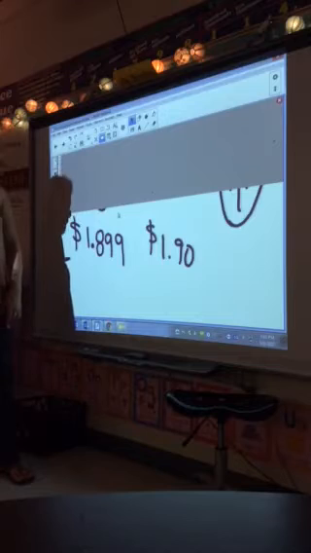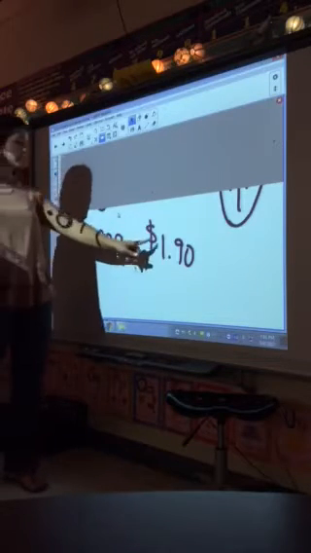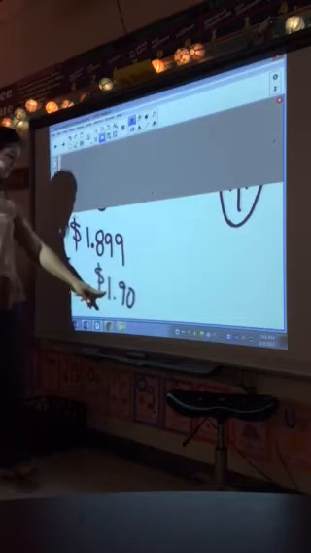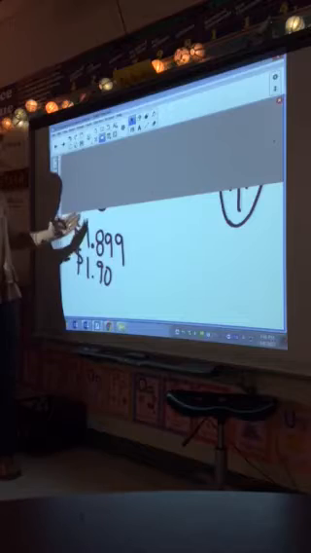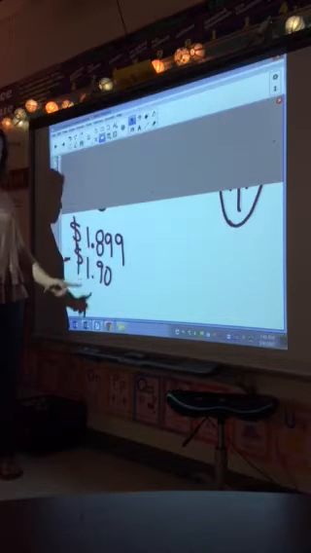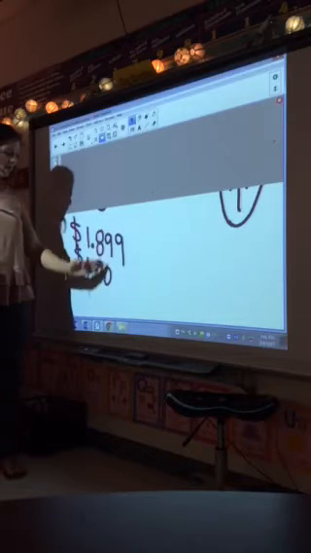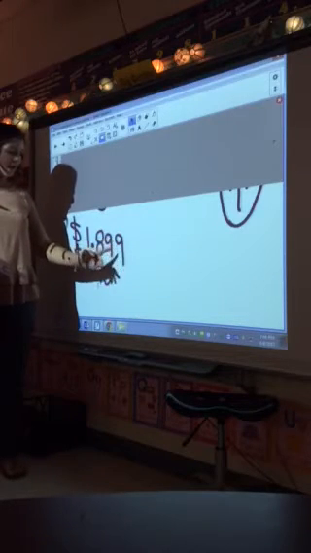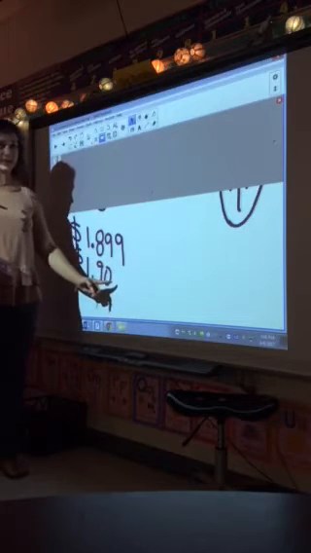Well, the first law of comparing decimals was to line up our decimals. So I'm going to take this number, simply line it up. Where I have my ones place in line, the decimal lined up, my tenths, my hundredths, and I have a thousandths in this one, but I don't have a thousandths here.